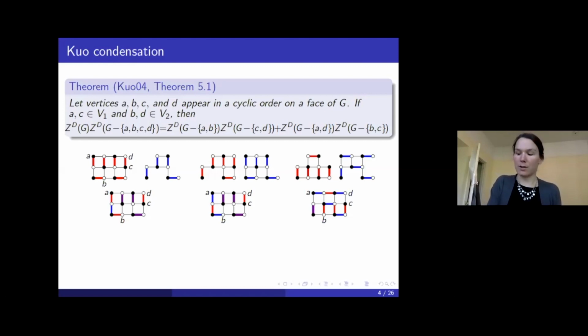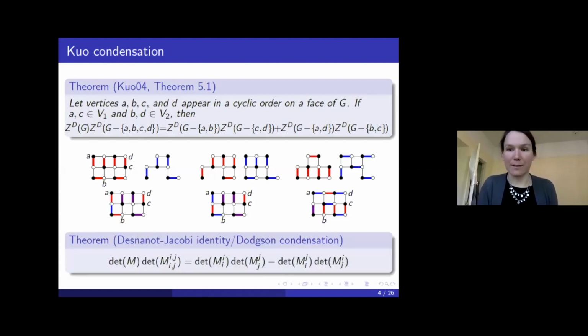Alternatively, you can prove his theorem using this identity from linear algebra, which is called the Desnanot-Jacobi identity, or sometimes it's known as Dodgson condensation. So in this identity, M is a square matrix, and M_ij denotes the matrix M with row i and column j removed. So the idea is that you can prove Kuo's theorem using this identity and the Kasteleyn matrix, since the determinant of the Kasteleyn matrix is the weighted sum of the perfect matchings of a graph.